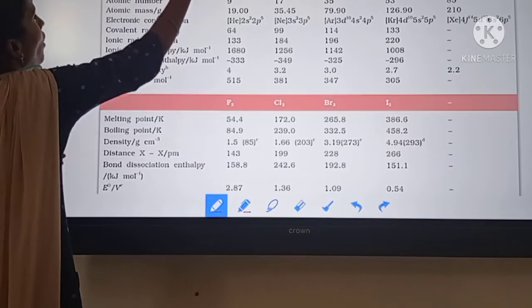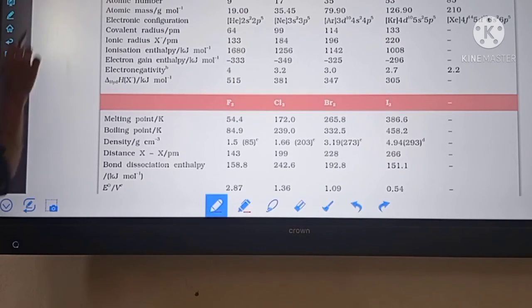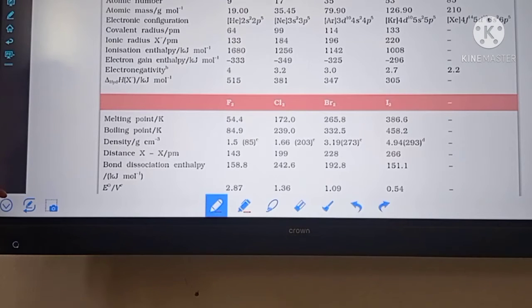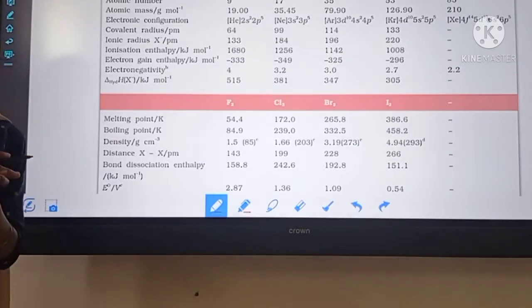This you have to remember. Only electron gain enthalpy and bond dissociation enthalpy have some differences. The remaining properties follow the normal trend.